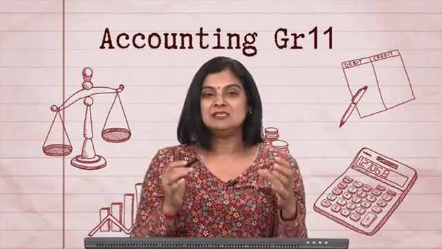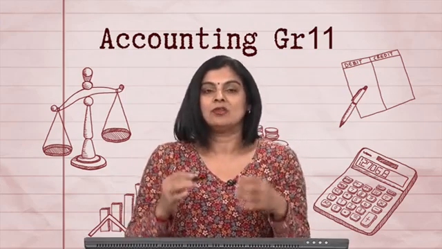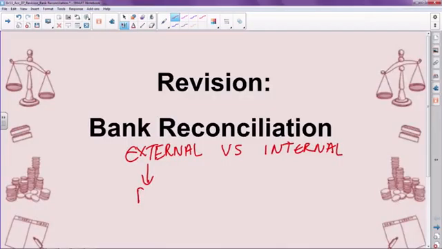So we obviously deal with those items and we record these items. So in other words, items that were recorded by the bank, so in other words, on the bank statement, but is not in the business's records, we then will record this as additional entries in our cash journals. Okay, you guys with me?